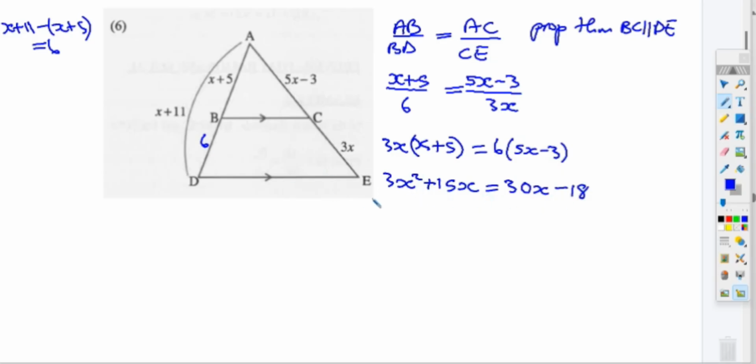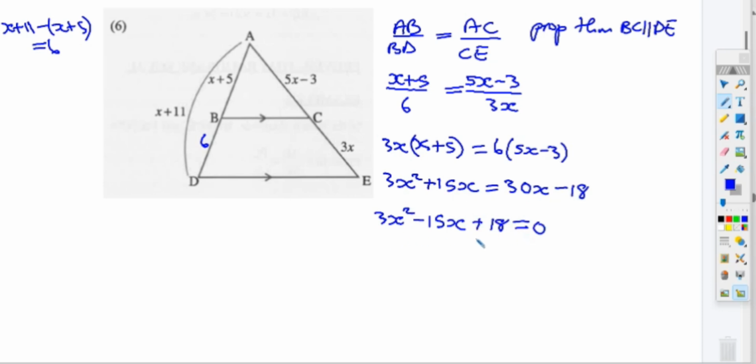And then collect everything to have 3x squared, and then 15x minus 30x, we have a negative 15x there, and then we have a negative 18 that gives us a positive 18 that is equal to 0.